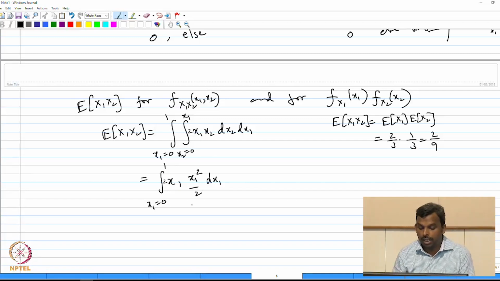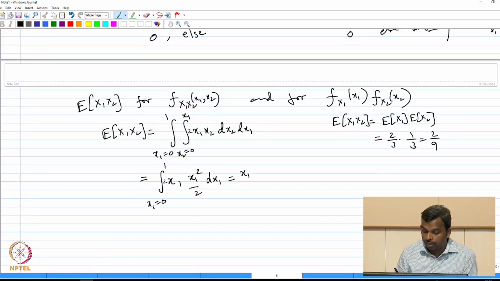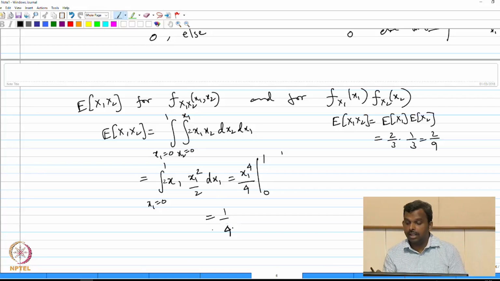You can do that. So you have x1 to the power 4 by 4, from 0 to 1. So this is 1 by 4. So we see clearly these two have different values of expected value of x1 x2. This was also meant to give you an example of how to do calculations with joint PDFs and expectations.